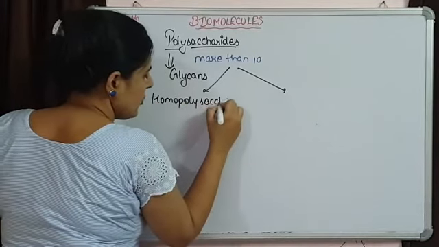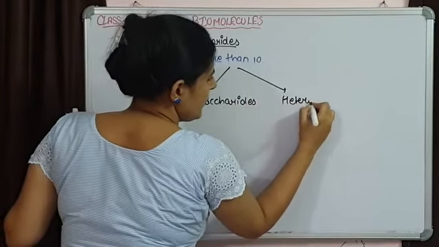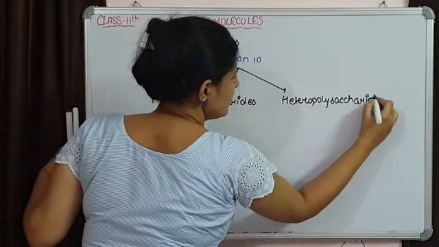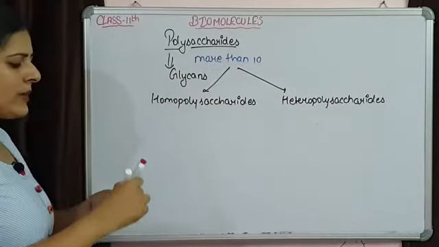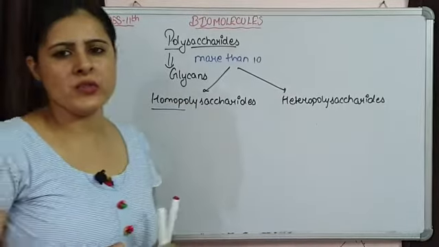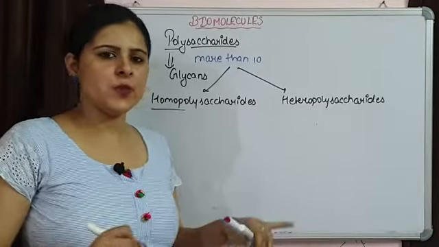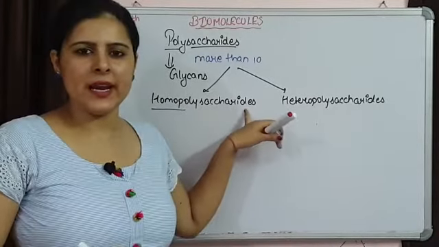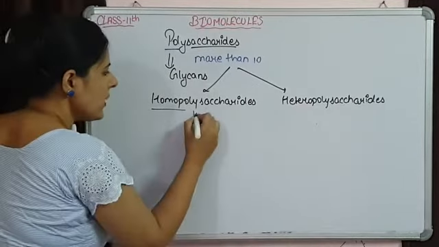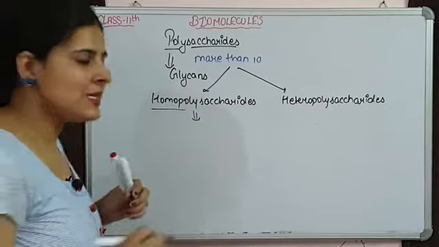First is homopolysaccharides and second is heteropolysaccharides. Homo means same. So if same units of monosaccharides are combining together again and again and they are responsible for the formation of a polysaccharide, उन्हें हम क्या बोलते हैं? Homopolysaccharide. So here all monosaccharides are going to be same.